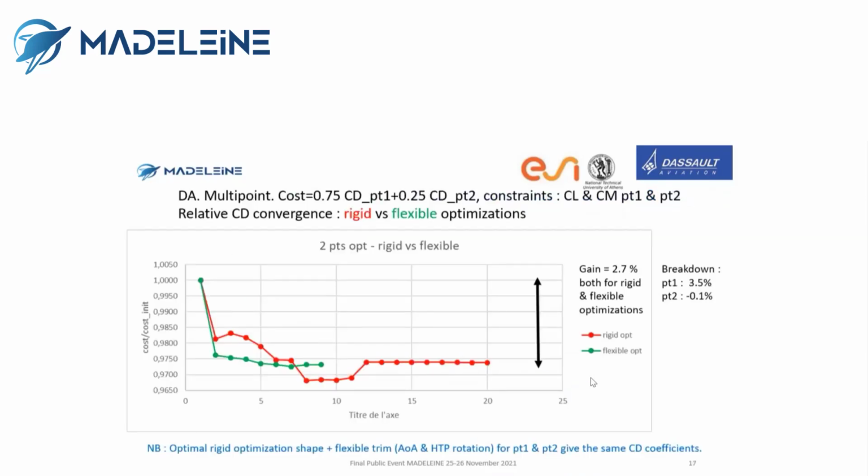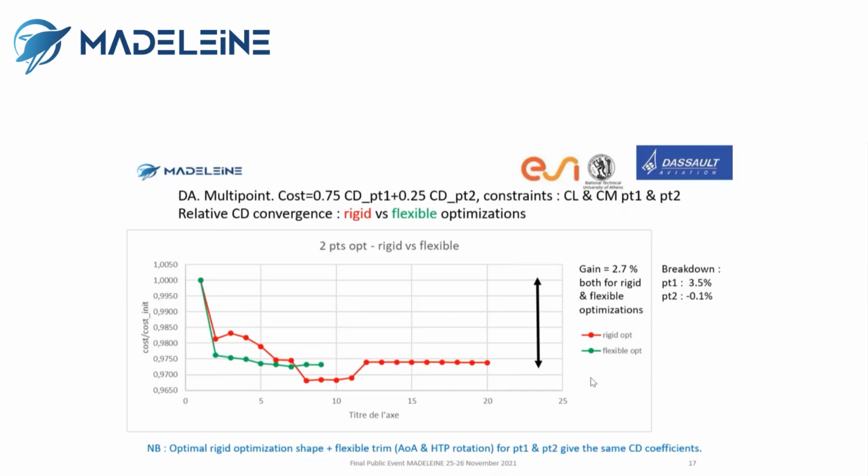We have performed the same thing, but for a 2-case multi-point optimization. The cost is an average between point 1 and point 2, so Mach number 0.82 and Mach number 0.8.